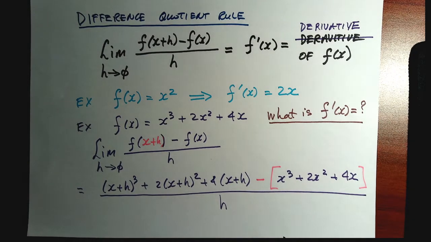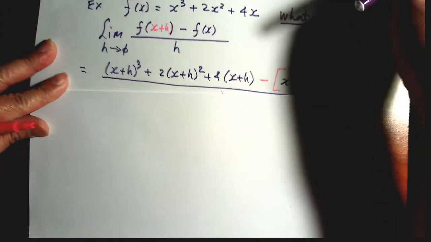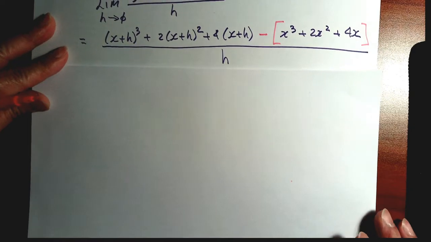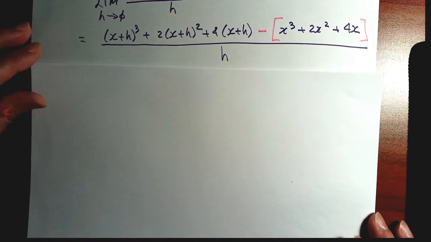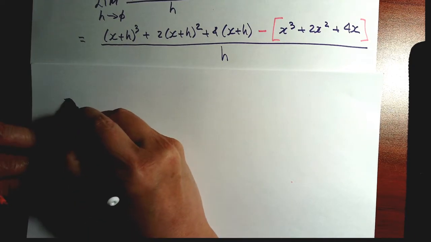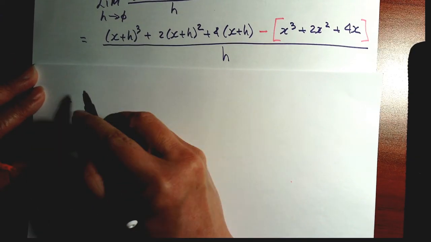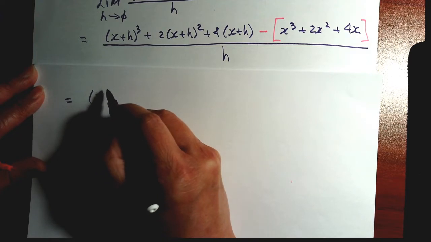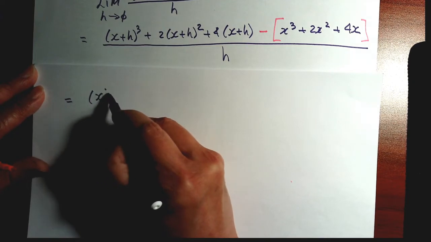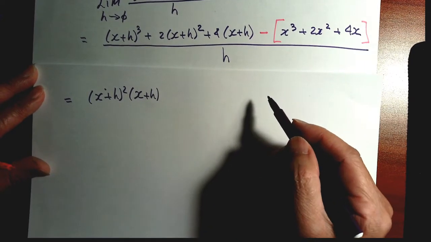From here, let's expand this expression. I will expand x plus h cubed as x plus h squared multiplied by x plus h. I will expand it out in the next line.